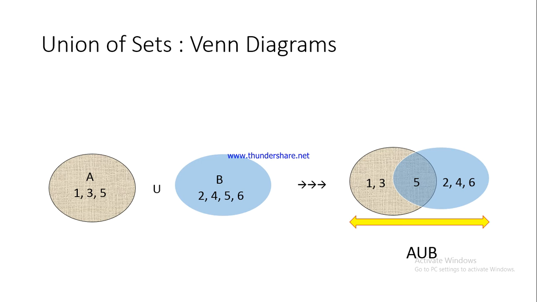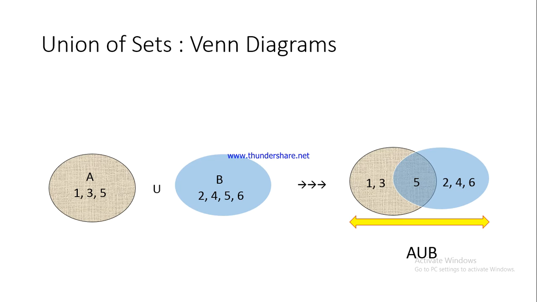Now this basically is A union B. So this is how you represent A union B. So the two circles, when combined, they form A union B, and if at all there is an overlap, if there is a common element in both the sets, then the two circles will also overlap, just like it's been shown here.